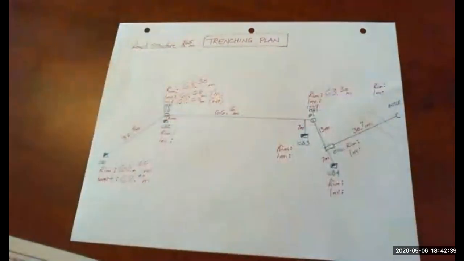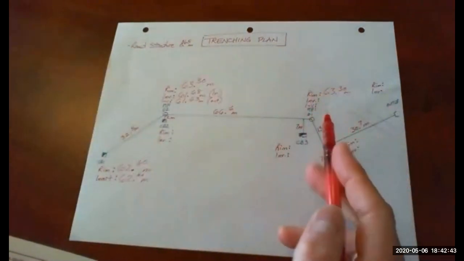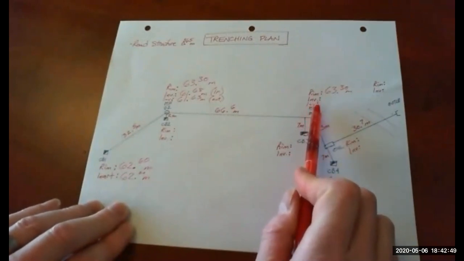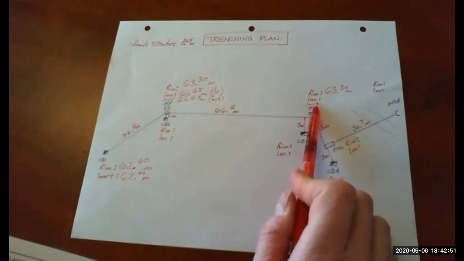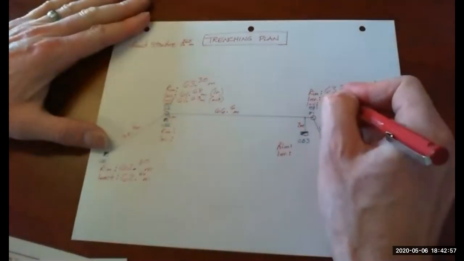And then we'll have 2 inverts. We're only going to use 1 invert because we're only doing this section of pipe that applies to this manhole. So we'll only actually look at the invert. So the invert of the in pipe is 60.97.